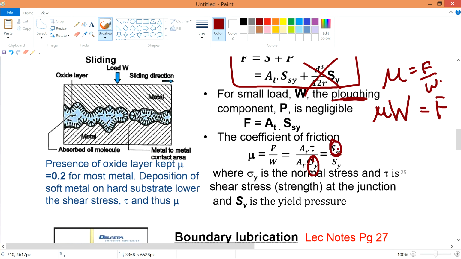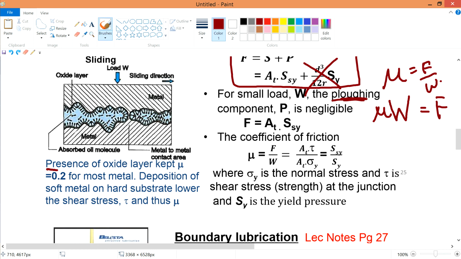In total, this is the yield strength of the soft material divided by the yield strength of the hard material. Hopefully this is pretty clear. So it's just a ratio. This is all in all trying to tell you how to find the coefficient of friction.